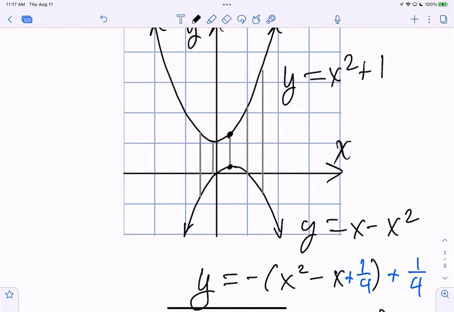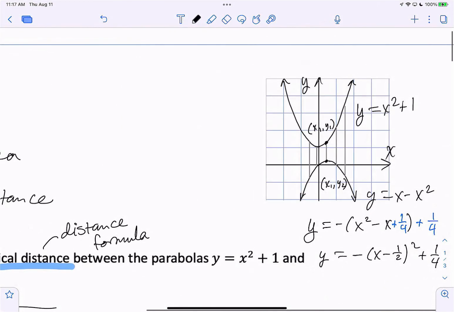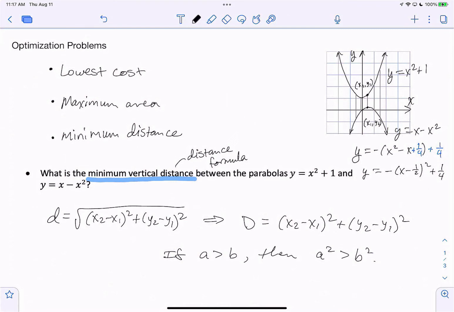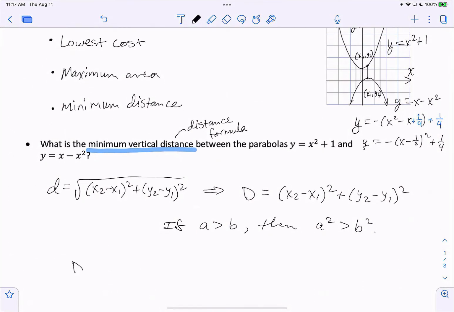Let's say on the upper parabola, we have (x1, y1). On the lower parabola, because it's the vertical distance, the x-coordinate is going to be the same, so (x1, y2). Our distance formula, or the square of our distance formula, becomes D equal to simply the quantity y2 minus y1, squared, because x1 is equal to x2. We're only looking at the vertical distance.